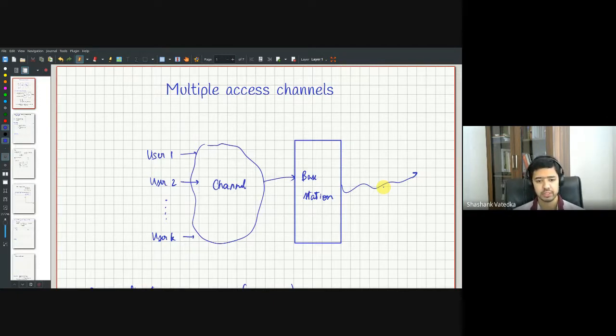But these 10 users are physically close to each other, and they have to communicate to the base station. So this is the basic model for a multiple access channel, where multiple users are sharing a common channel to communicate to a single receiver. So you have multiple senders but a single receiver.